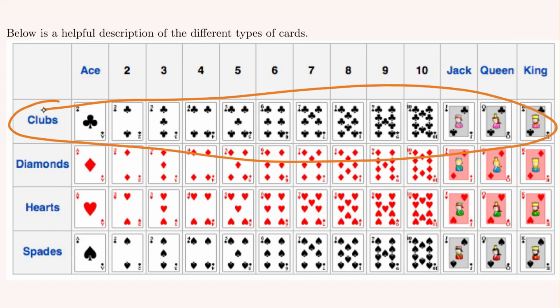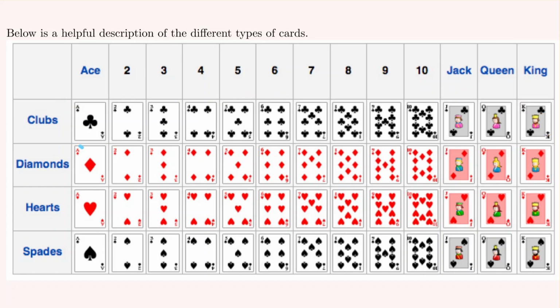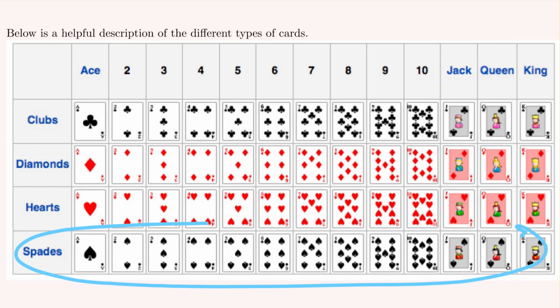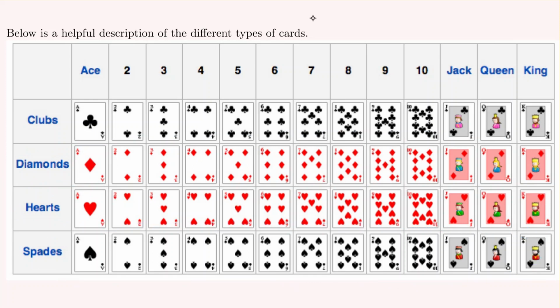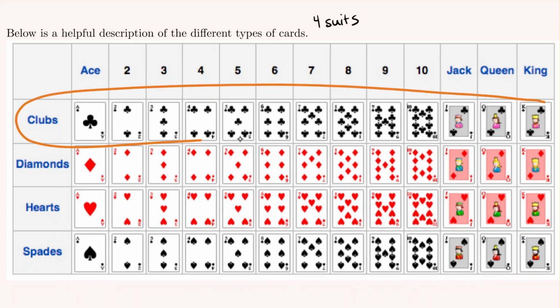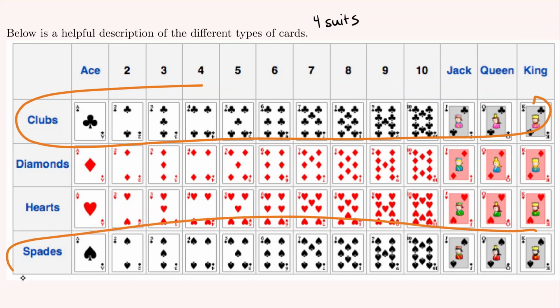These are our club suits, diamonds, hearts, and spades. So for a normal type of card deck, we have 4 suits. They're all listed here. Notice I've got 2 suits that are black colored, clubs and spades.